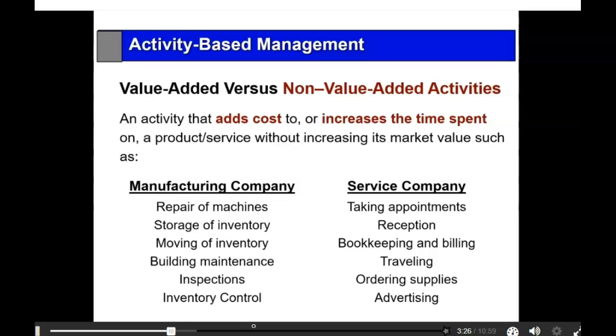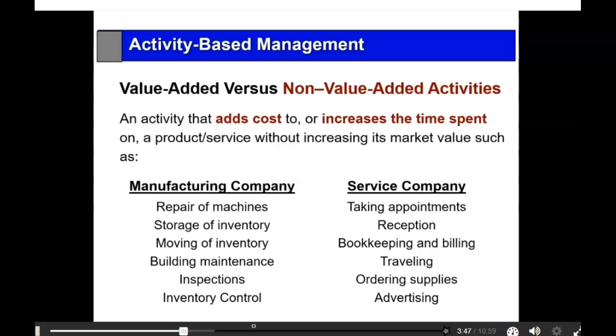A non-value-added activity is one that, if we reduced it, the customer would not be aware. For example, the storage of inventory. If we reduce the amount of storage space for inventory, that has no perceived reduction in the value of our product. Maintenance, inspection. These are all activities that need to be performed in a manufacturing company.